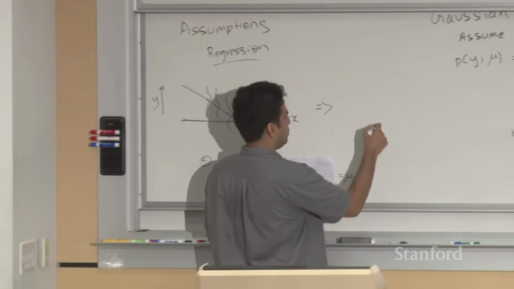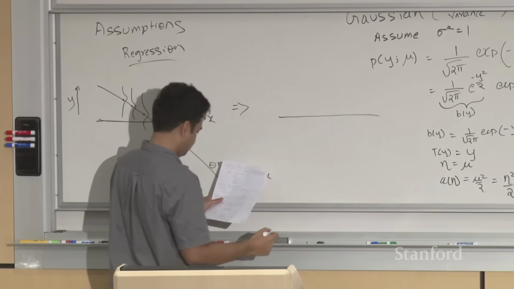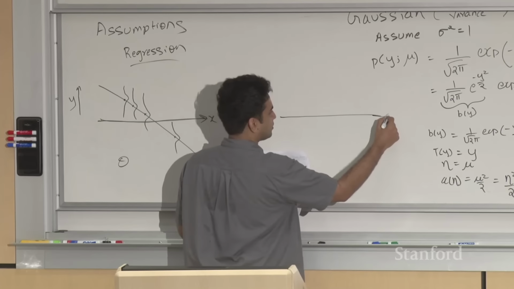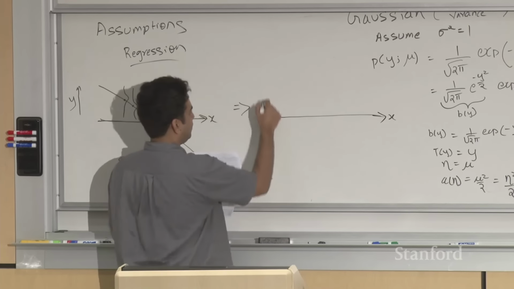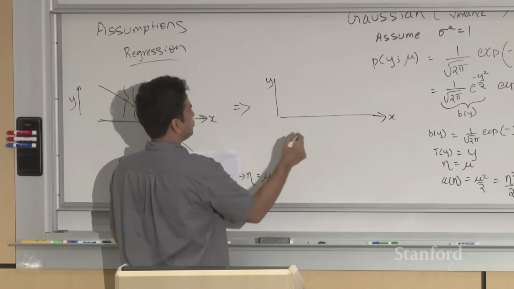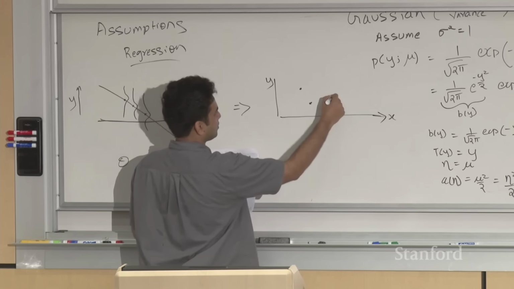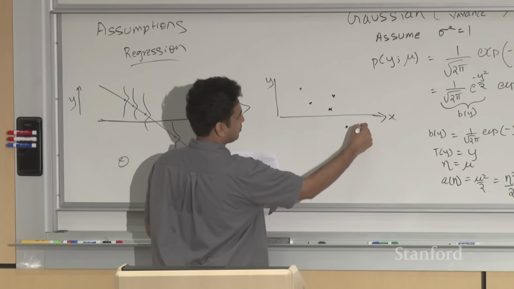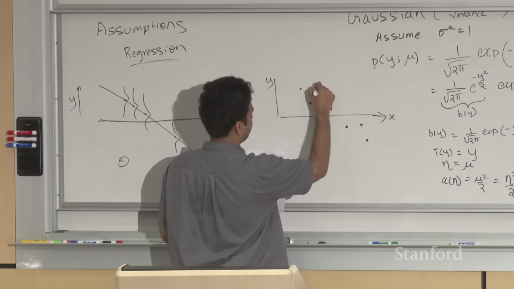So what does it mean? It means you're given x, and let's say this is y. You would have examples in your training set that may look like this.